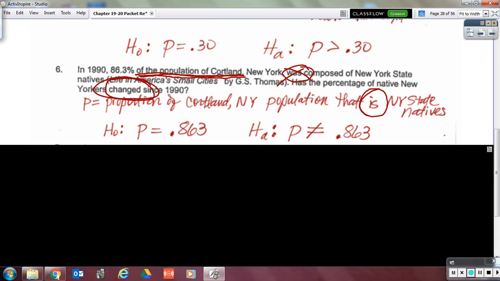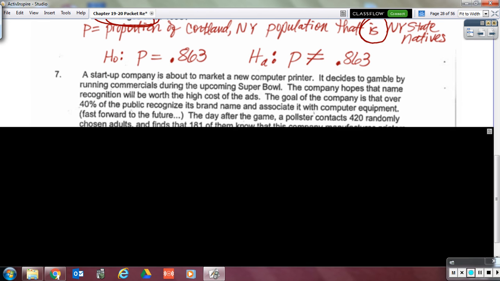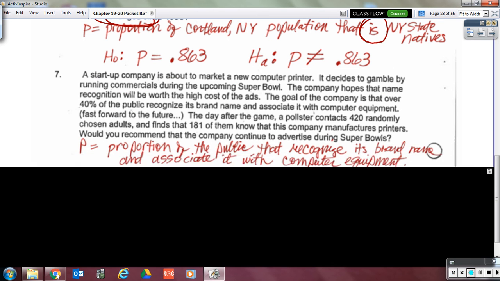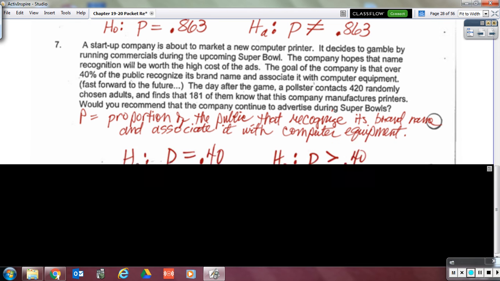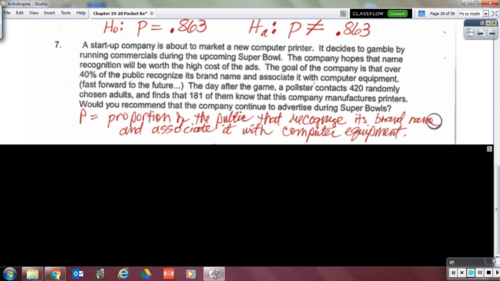All right, the last one here is about the Super Bowl. And I'm sure that there's lots of marketing people that do all this testing to see if it's worth the money they pay for the astronomical Super Bowl ads. So P equals the proportion of the public that recognize its brand name and associate it with computer equipment. I got that straight from here because it said the goal is this right here.